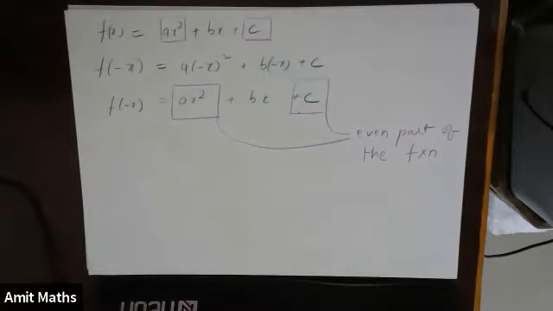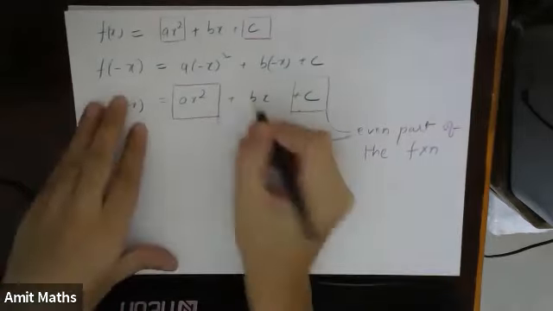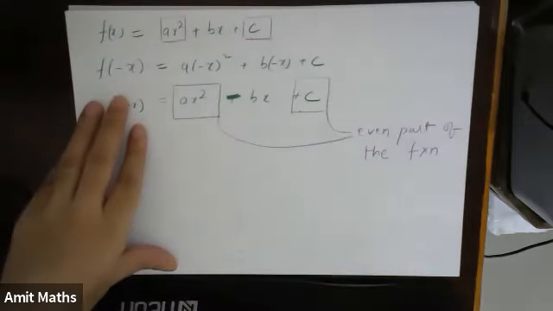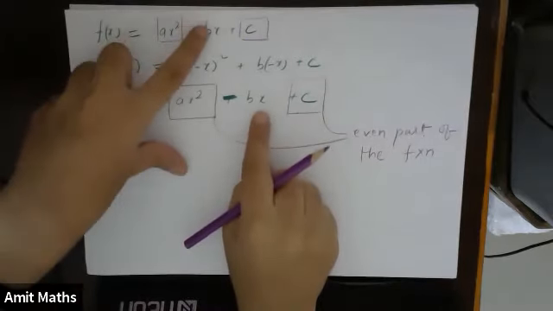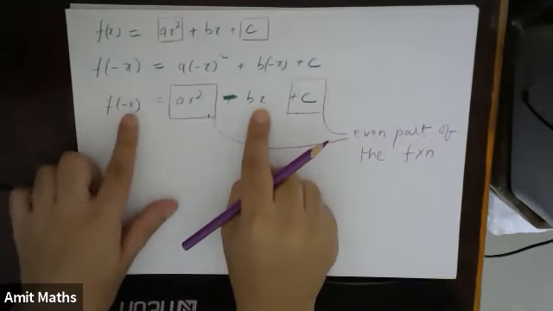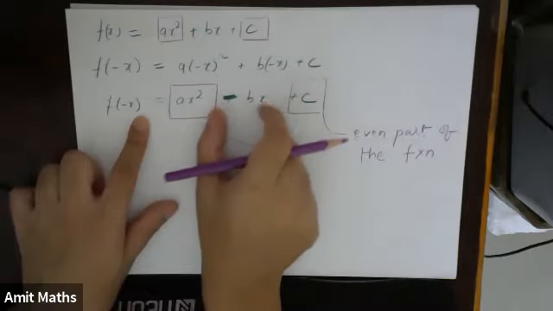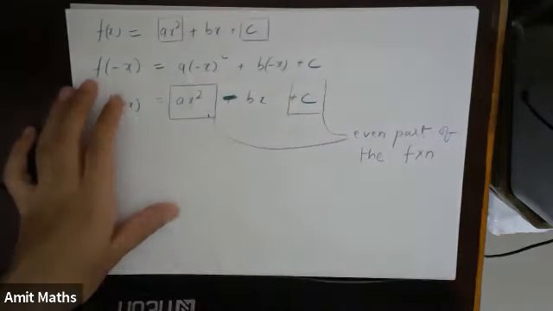Understood? These two will be called the even part of the function. But what happens to this part? See, when I substitute minus x, this part is becoming minus of bx. So now this is changing.